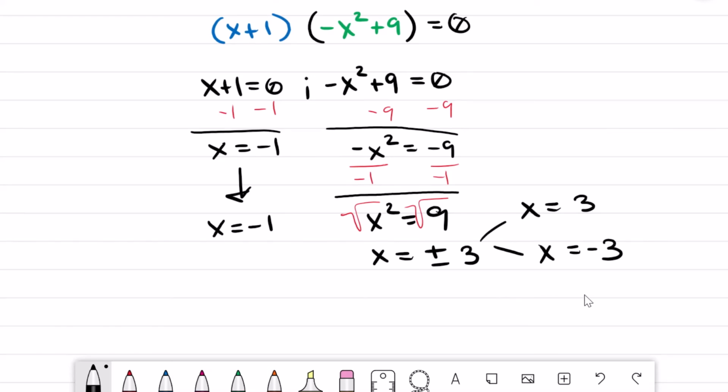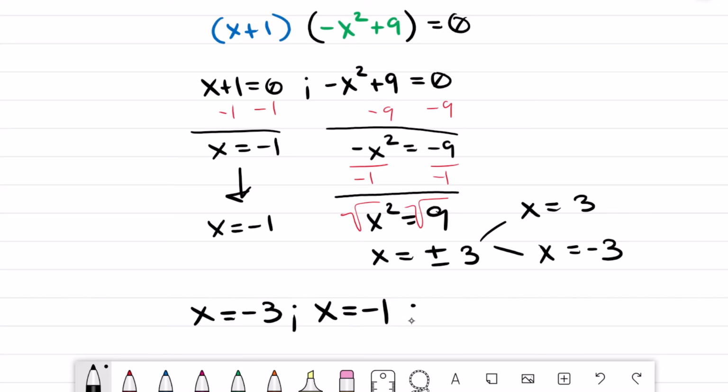So just like I did in the previous video, I'm going to rewrite my solutions in the order you would see them on the coordinate plane, from negative to positive. So I'm going to take my negative 3 first. So my first solution is x is equal to negative 3. My second solution is x is equal to negative 1.